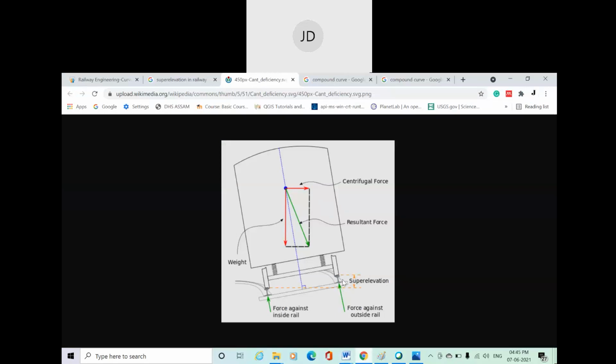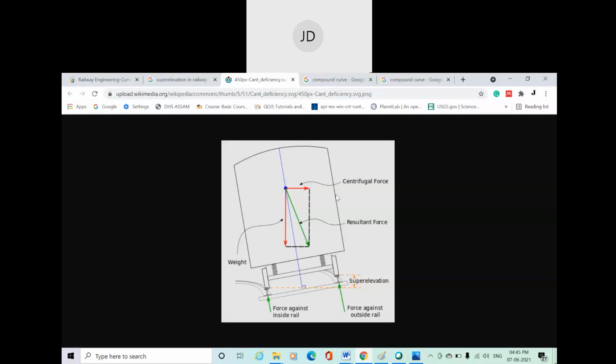And by doing that, what can we achieve? We can achieve this resultant force, which directly acts on the outer rail. And we also get a resultant of weight in the inner direction, which can act opposite to the centrifugal force. You know the centrifugal force acts in the outer direction, trying to take the train outward.